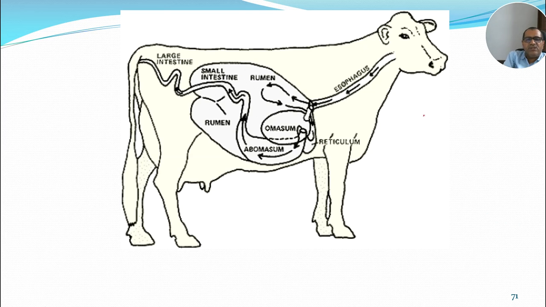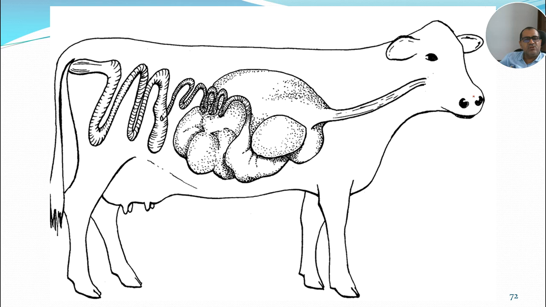So the esophagus is always involved in eructation of the methane gas, which is produced in enormous quantities in the rumen due to the fermentation process of the carbohydrates. Then lastly it ends up with the abomasum, then small intestine, large intestine, the ileum, cecum, rectum, and colon.